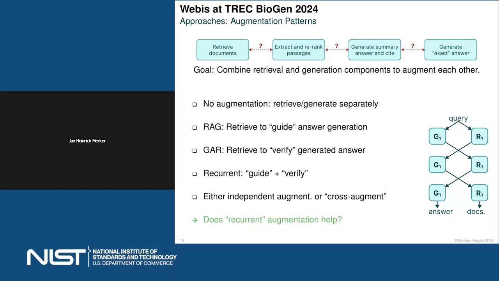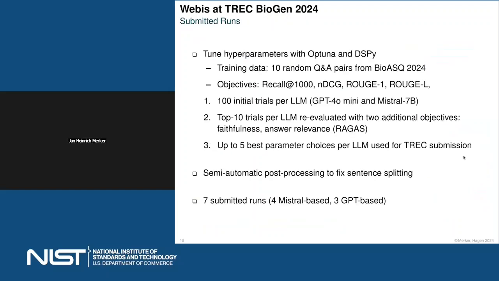So the generation output from the first one is passed to the second step for the retrieval and so on. For our submitted runs, we just made every decision in this pipeline a hyperparameter and tuned those hyperparameters with Optuna.